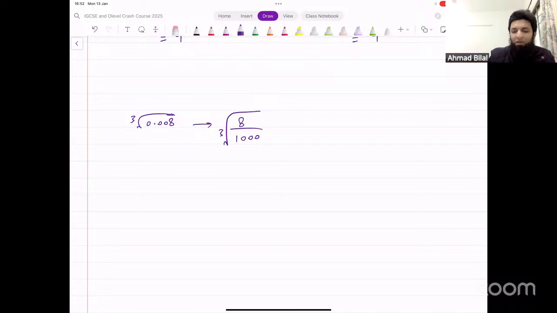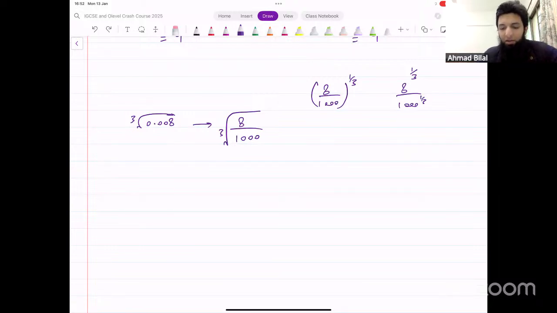Okay, now what's cube root? Cube root is just a power, right? It's like saying 8 power 1 over 3, or in fact, 8 over 1000 whole power 1 over 3, right? Using indices rules, we can say this power can be split because we've got division, right? So we can split it like this. We can say this is 8 power 1 over 3 over 1000 power 1 over 3 because we have division. If we had addition or subtraction, we could not have done that.